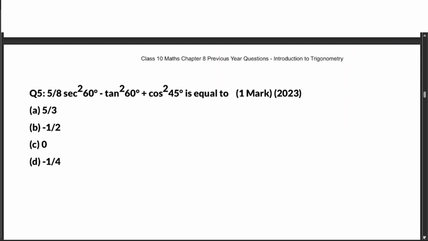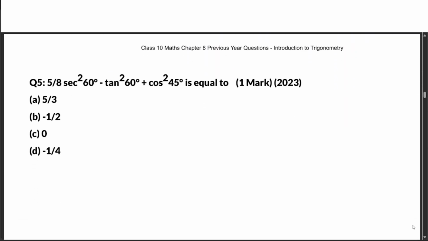Okay, now coming to the next question. So again it is a 1 mark MCQ question. So let's see what the question is saying. It is saying 5 over 8 sine square 60 degree minus tan square 60 degree plus cos square 45 degree is equal to. So make sure you will remember the trigonometry tables based on the angles.